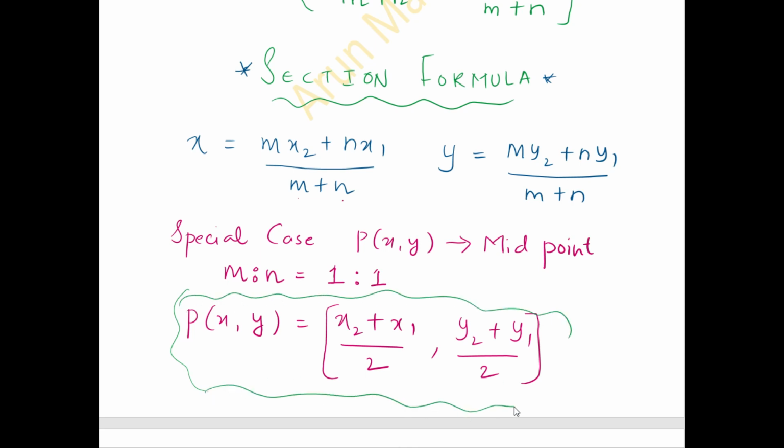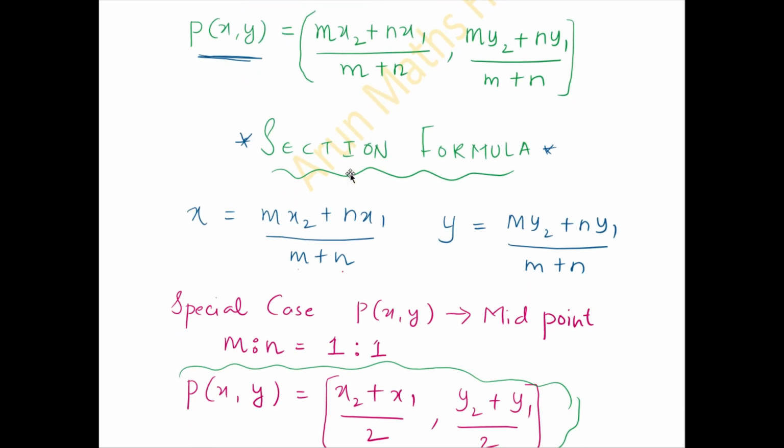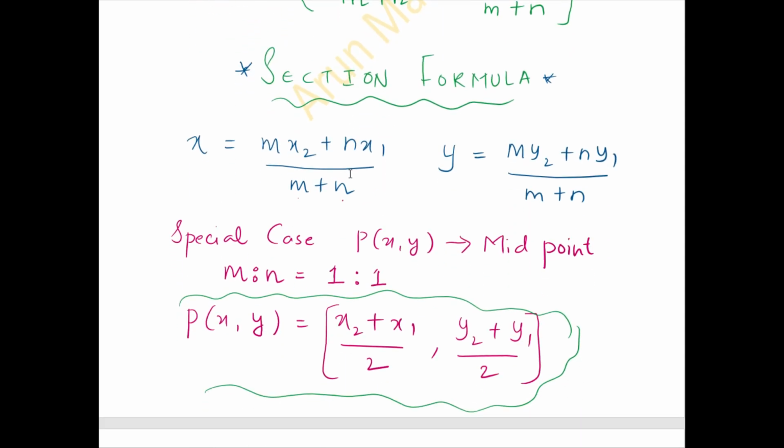Hopefully you have understood the two cases. The section formula is given by m x2 plus n x1 divided by m plus n, m y2 plus n y1 divided by m plus n. In a special case, if P is the midpoint, then P of x comma y equals x2 plus x1 by 2 comma y2 plus y1 by 2.